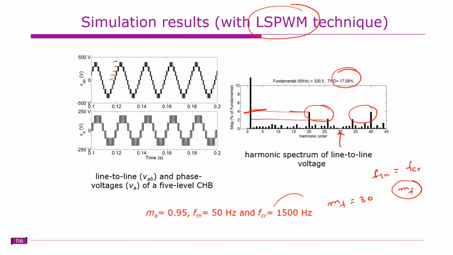That's why the THD for phase shifted PWM is high compared to level shifted PWM. In general, out of all modulation schemes, level shifted PWM gives you the best possible THD.